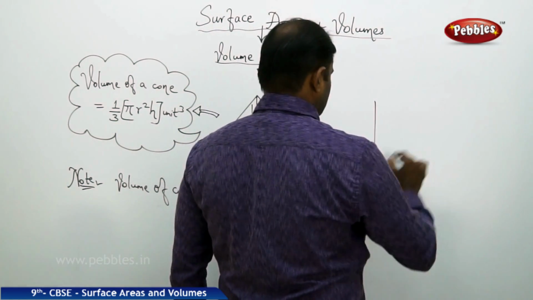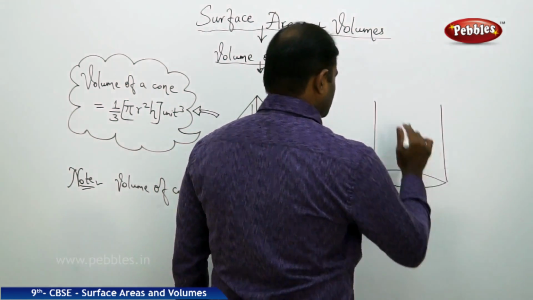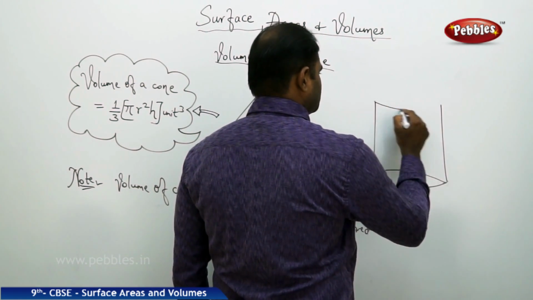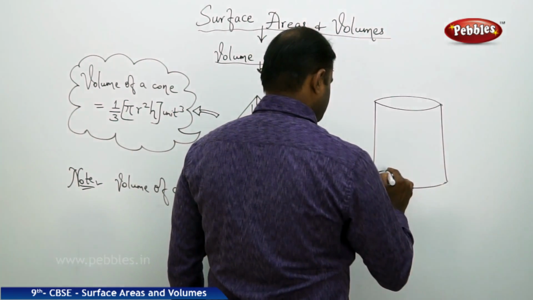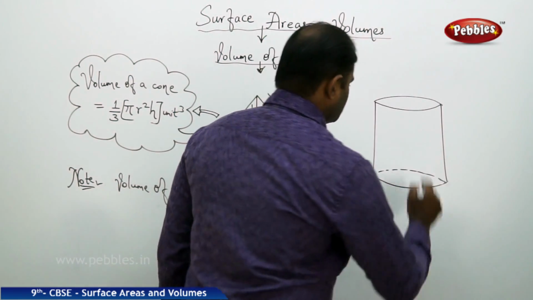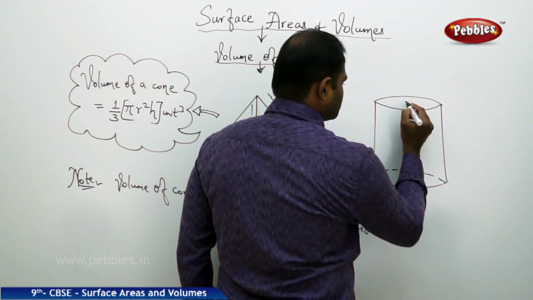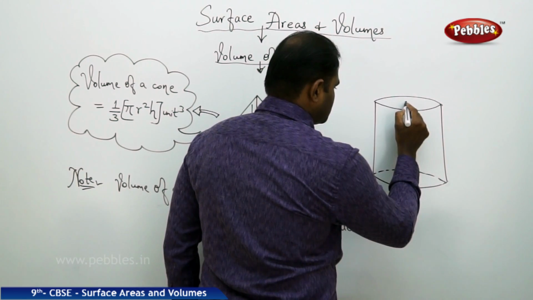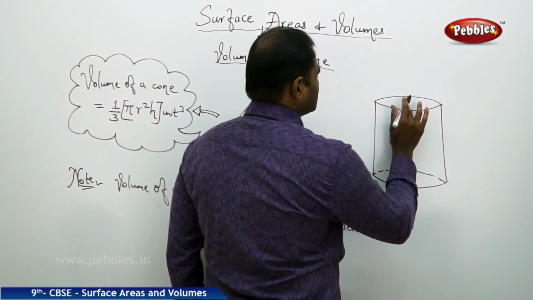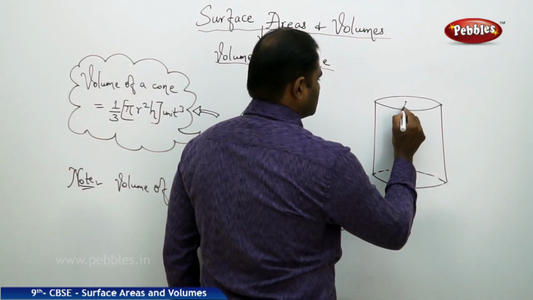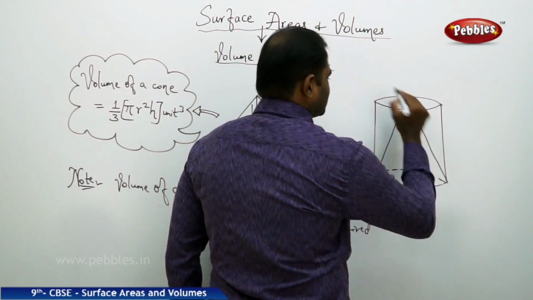For example, I take a cylinder. Imagine I cut the cylinder exactly from the center, so that I get something like this.